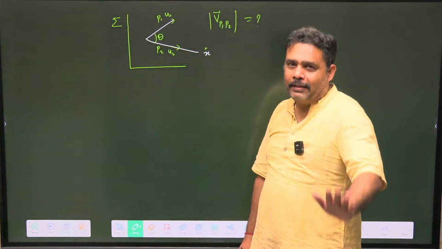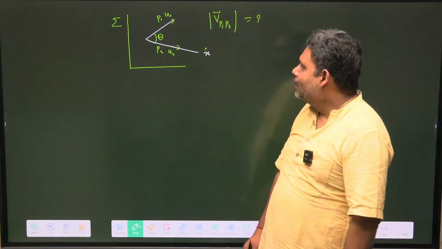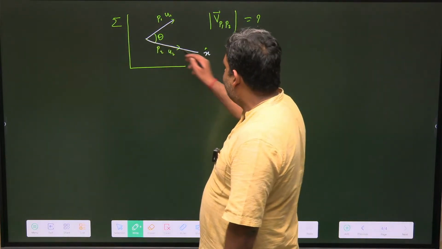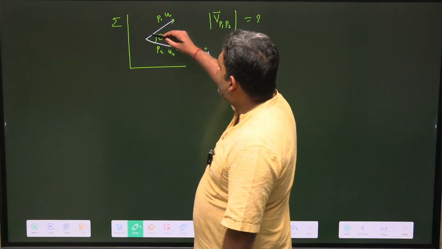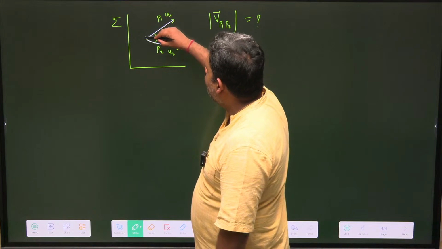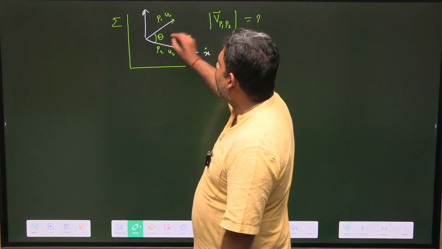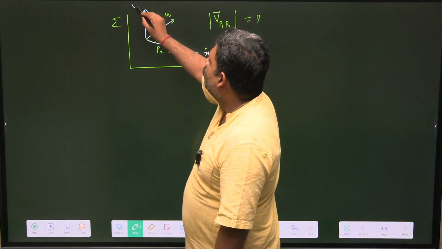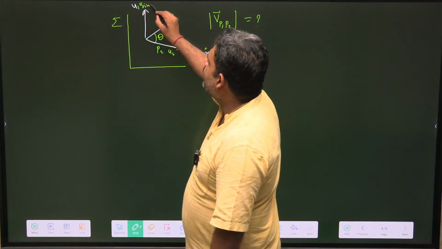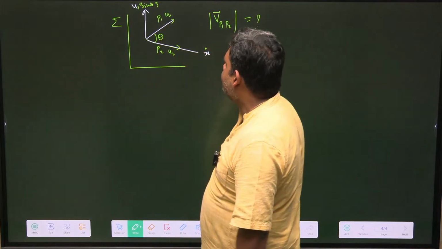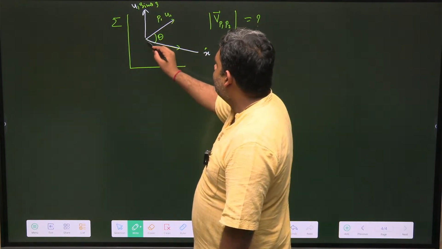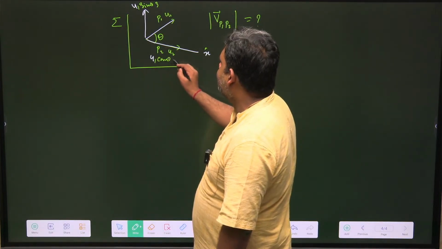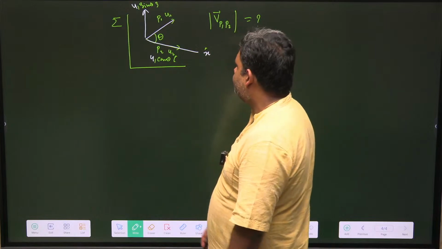Then everything will be done very easily. So now if I am assuming this is along x cap direction, then I can resolve this P1 into 2 parts. This part is equal to U1 sine theta, obviously in j cap direction, and another part is equal to U1 cos theta in I cap direction.